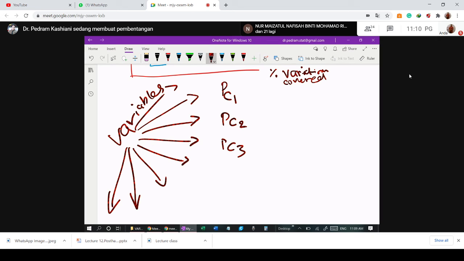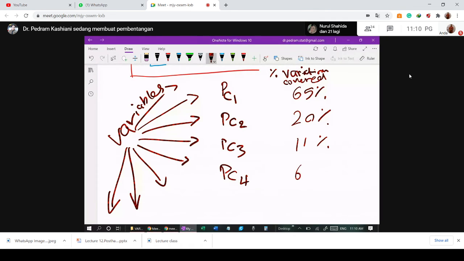For example, they say PC1 is 65%, PC2 is 20%, PC3 is 11%, PC4 is 6%. How much is the total? The total should be 100%.